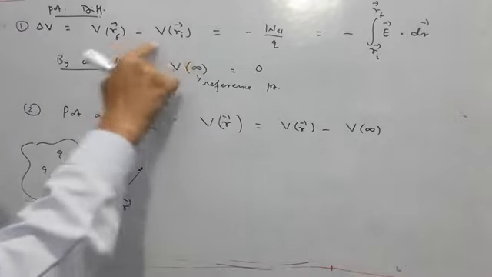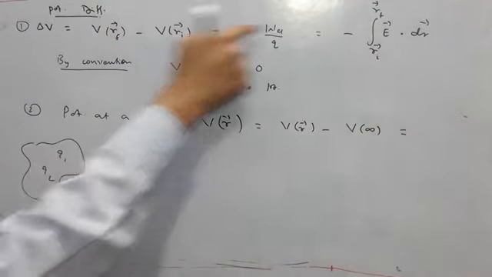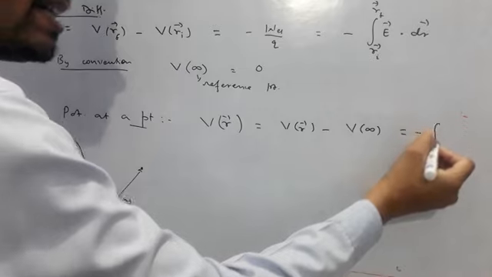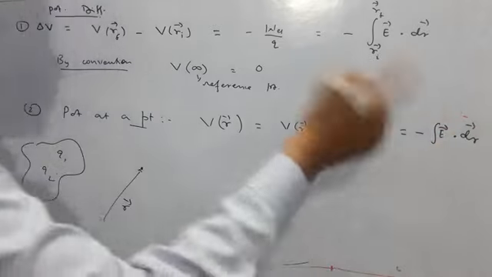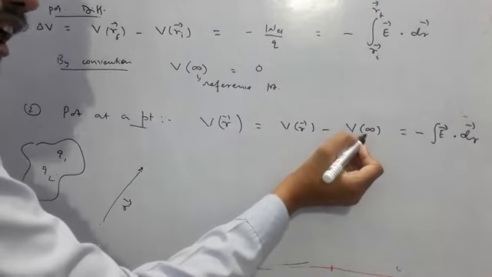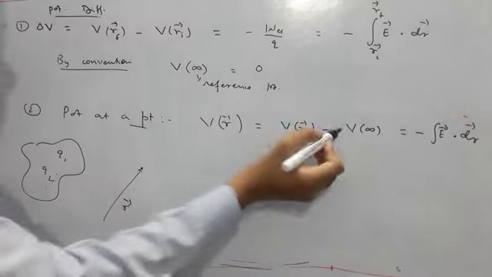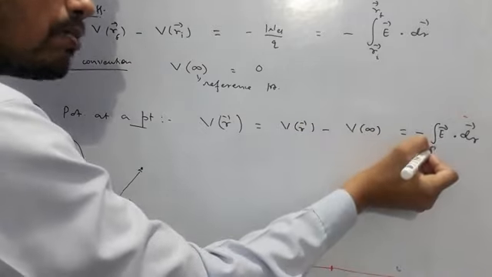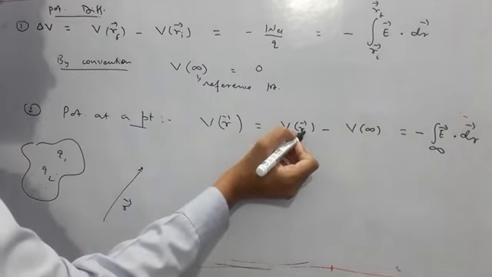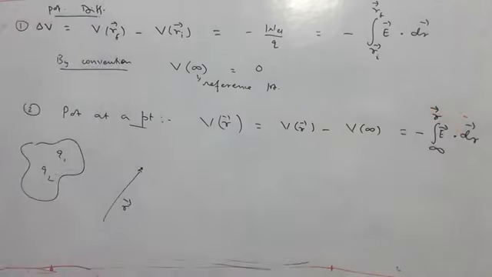Just as V(R_f) minus V(R_i) is minus integration of E vector dot dr vector from initial to final position, the initial point R_i vector will be replaced by infinity, and the final position vector R_f will be replaced by R. So this gives the definition for potential at a point.